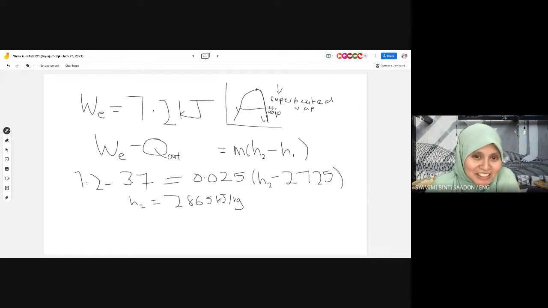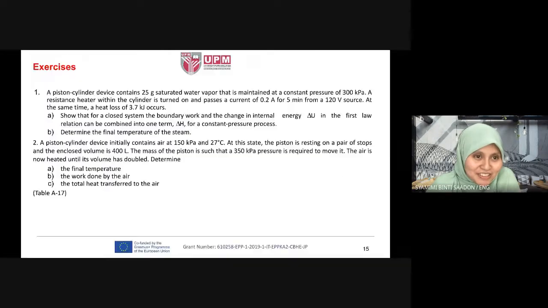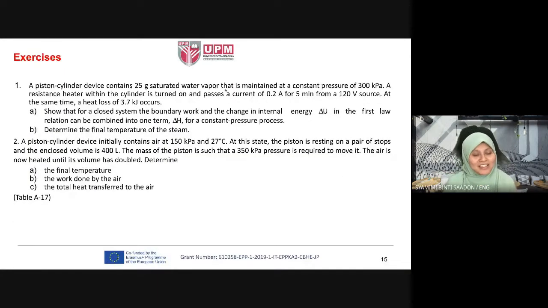Okay, next is the question. Again, piston. A piston cylinder device initially contains air at 150 kilopascal and 27 degrees Celsius.